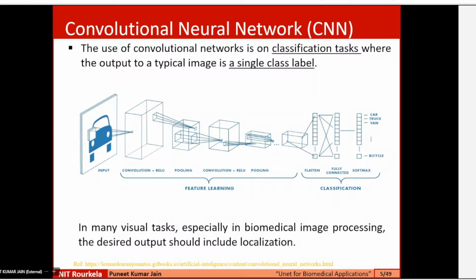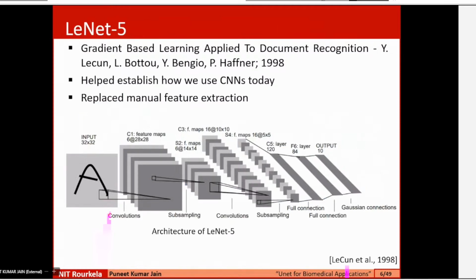And after that, we can use any conventional machine learning technique to perform the classification, whether it is a fully connected neural network, or in fact, we may use any machine learning technique like SVM, decision trees, or any other technique, right? So that's how the journey of the convolutional neural network started through LeNet 5, proposed by LeCun in 1998.